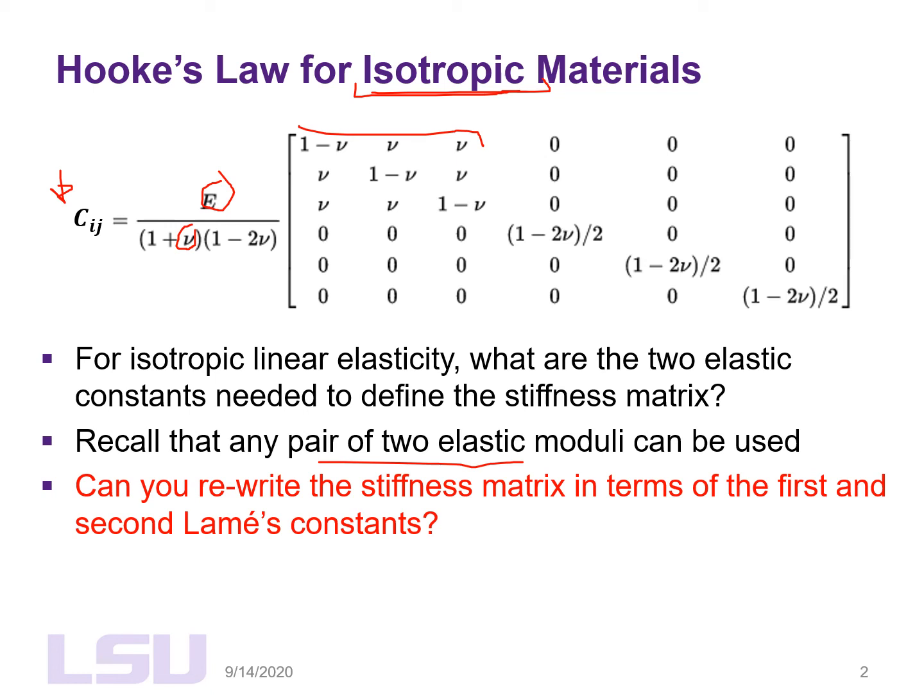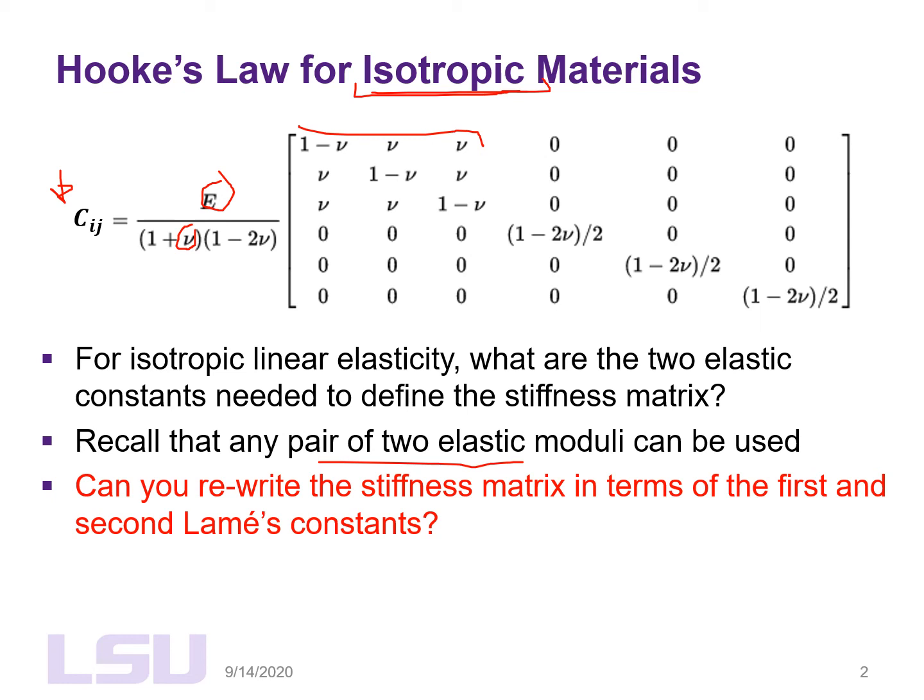How do you rewrite the stiffness matrix in terms of the first and Lamé's constant? You use the equation I'll show you, which is on Wikipedia. If you Google Wikipedia for Hooke's law, so go to Wikipedia and type Hooke's law, you will see the table at the bottom, and I'll show this in the actual Zoom meeting for the class.